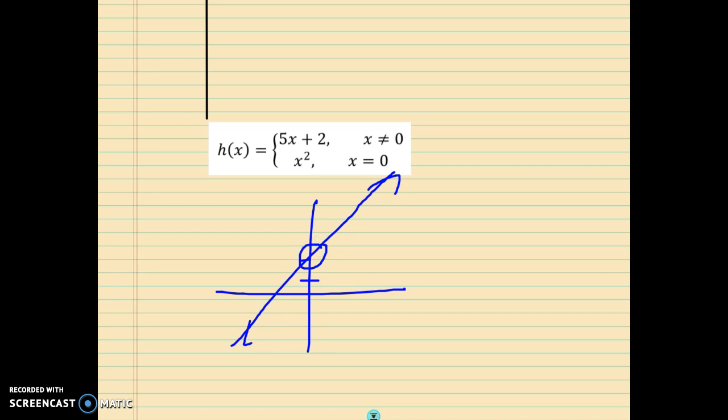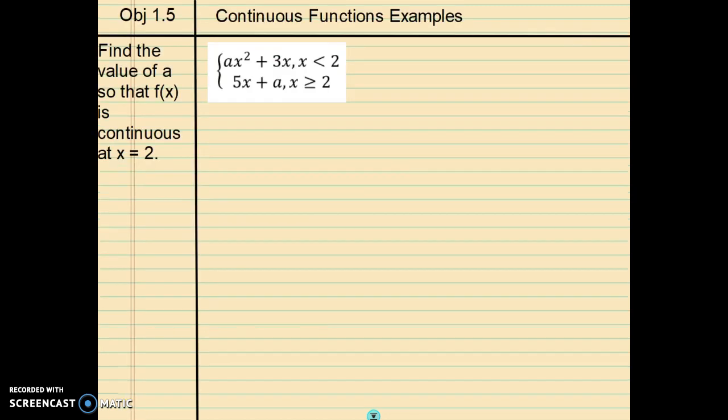And instead of a point at 2, it would have the point at x squared, so 0 squared is 0. So it actually would look something like this. So of course, this is a discontinuity, and this is what we refer to as a gap, or removable discontinuity. So that is how you identify different types of discontinuity.